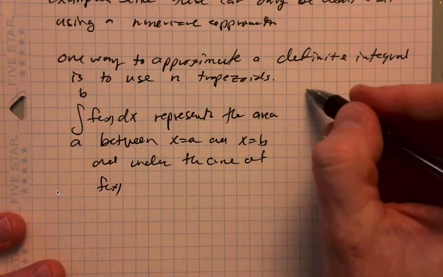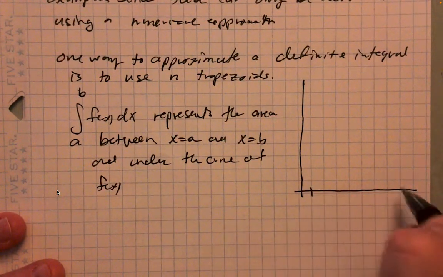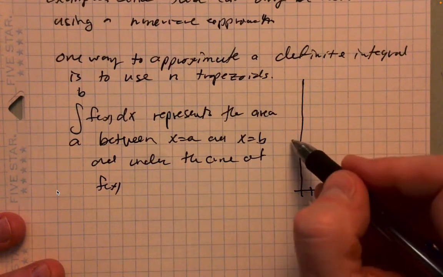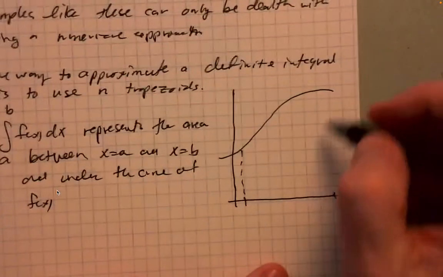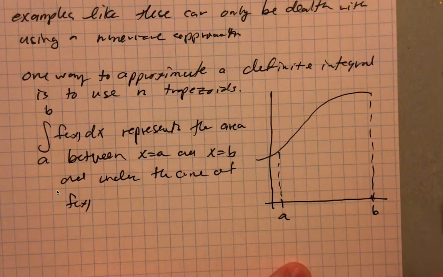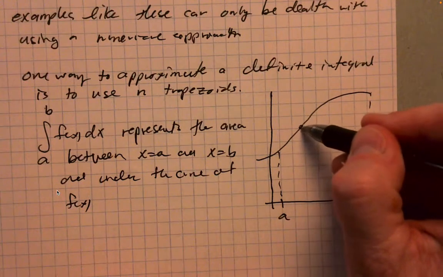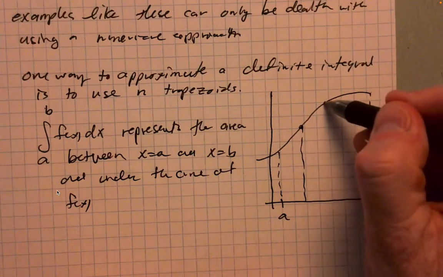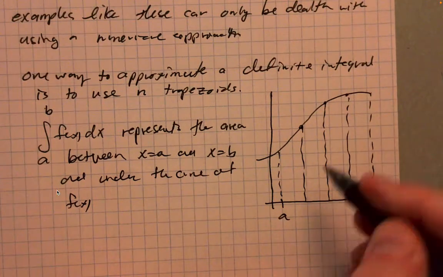We know this. We're just revving our engines here, getting ready to talk this through. Let's say you've got some function like this, and you can draw your a, b region. Then you can imagine breaking that region up into equally spaced intervals.